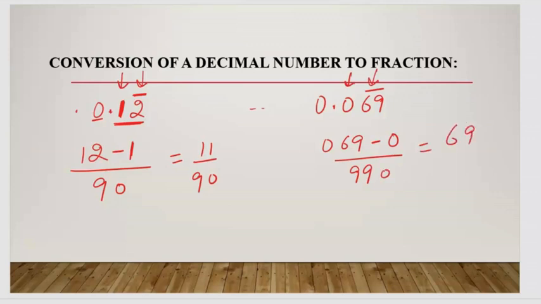So my answer is 69 by 990, right? Let's say if it is not 0, if it is 1, then your answer here is 169 minus 1 divided by 990, right? I hope you understand how we are going to solve this.